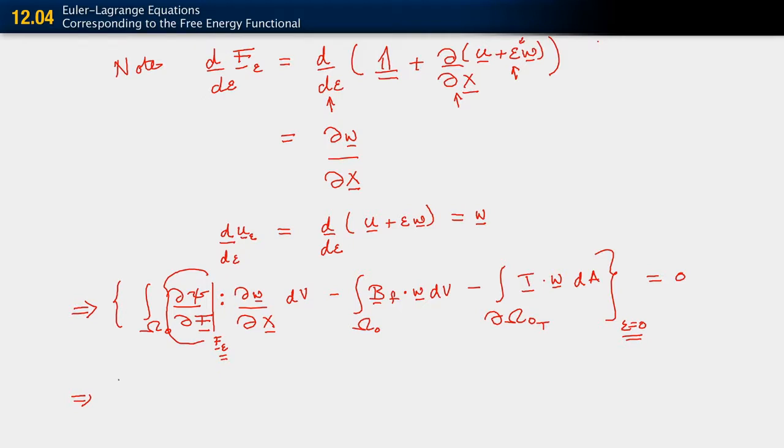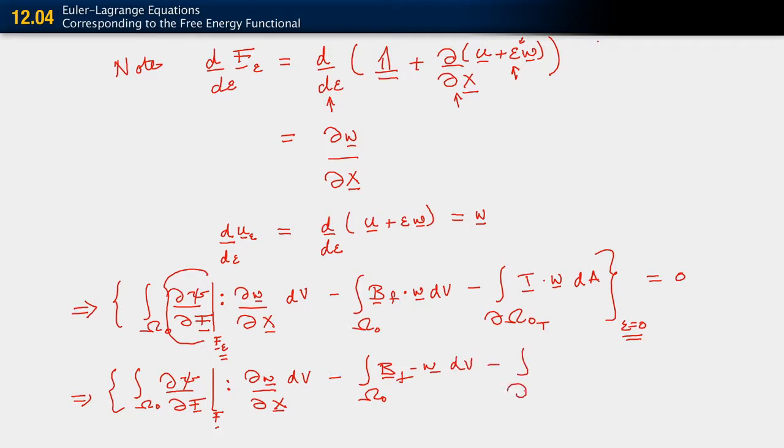Okay, so what we get now is the integral over omega naught of the derivative of psi with respect to f, evaluated at f, contracted with the partial of w with respect to x dV, minus the integral over omega naught of bf dotted with w dV, minus the integral over the traction boundary of t dot w dA.